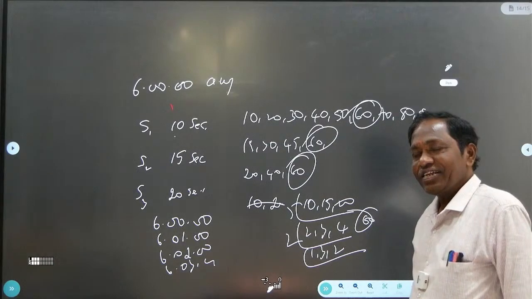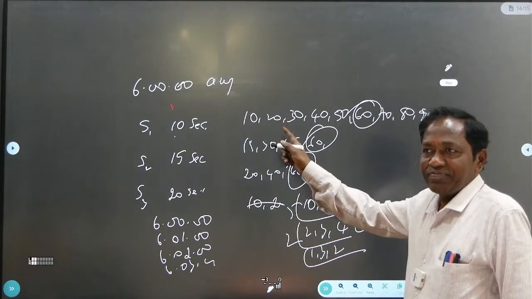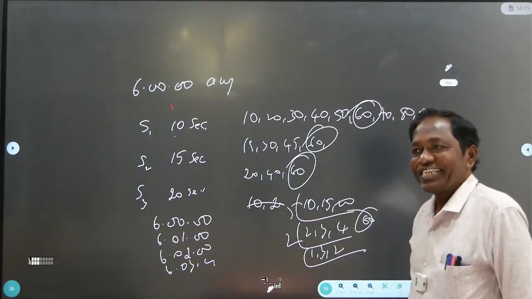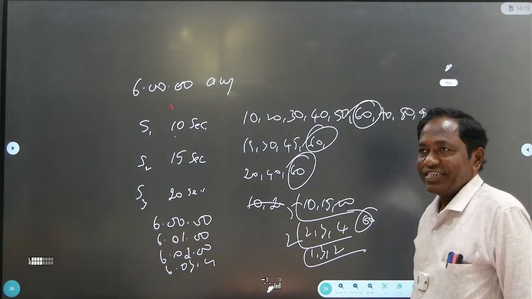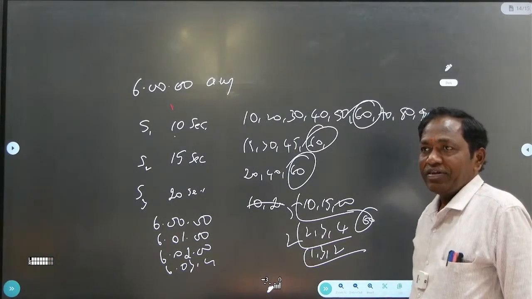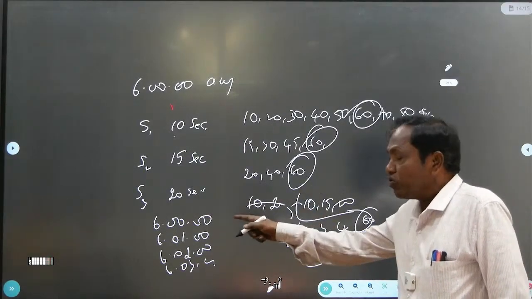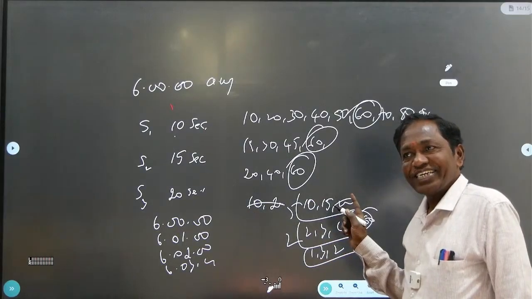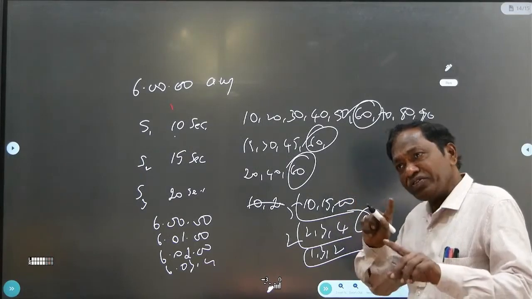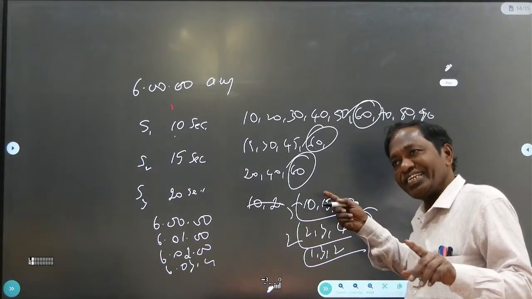See, all the three signals start at 6 a.m. In 1 hour, how many times do all the three signals start together? 60 times. How is it 60? The LCM is 60 seconds, but every minute they start together. 1 hour means 6 a.m. to 7 a.m. 6 a.m. also starts, then 6:01, 6:02, 6:03, up to 6:60, that is 7.